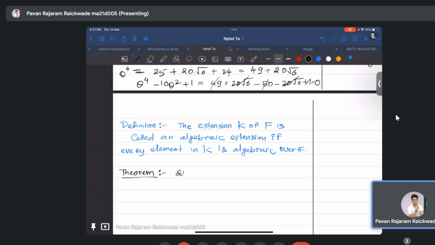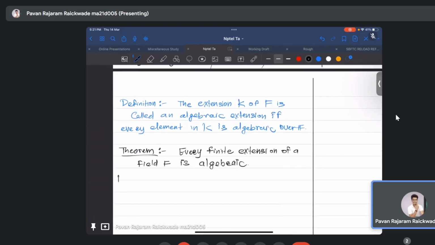Show that every finite extension of a field is algebraic. Okay, proof.